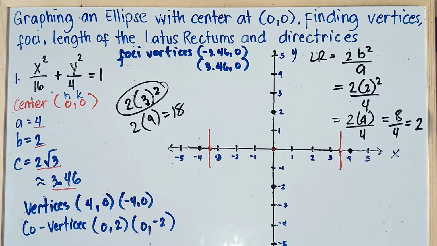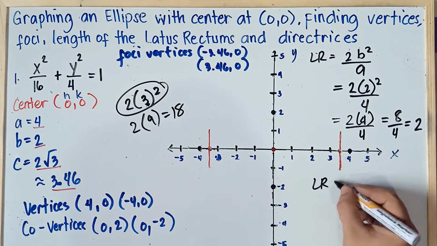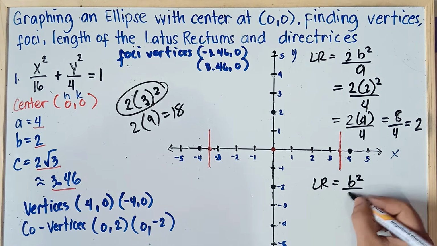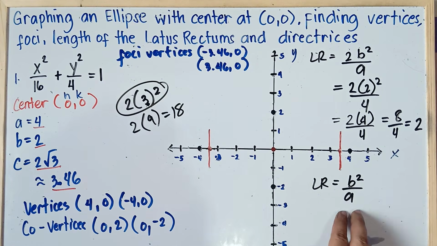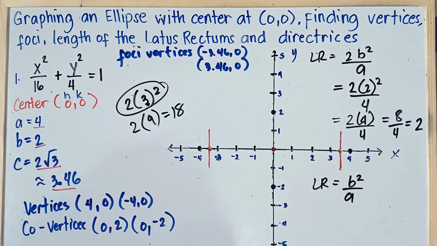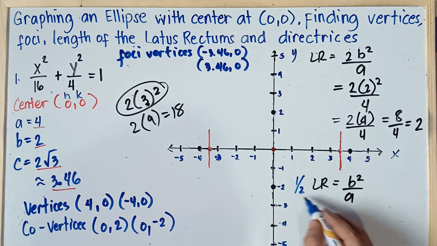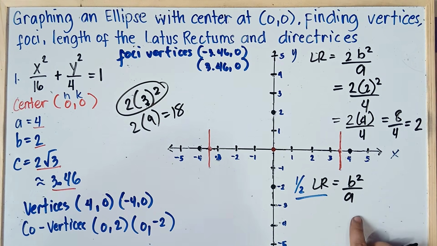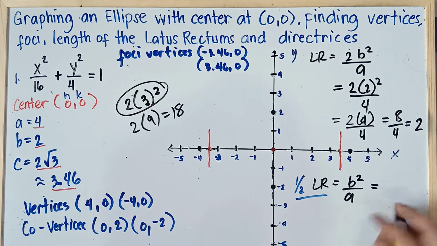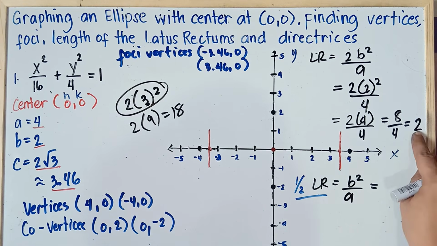Now, there are some cases, class, where the teacher will give you this equation for the latus rectum: b squared over a. Once again, class, this equation is just half of the latus rectum. So let's try that. We get 1, because half of 2 is 1, right?